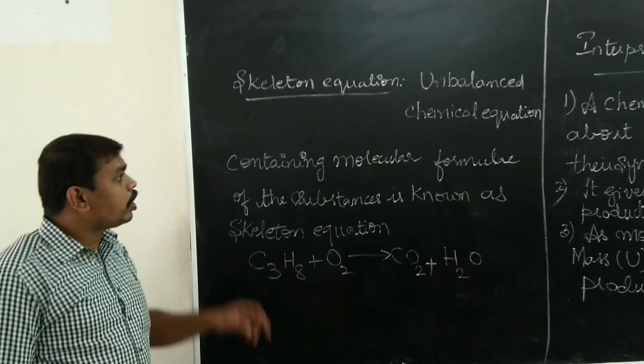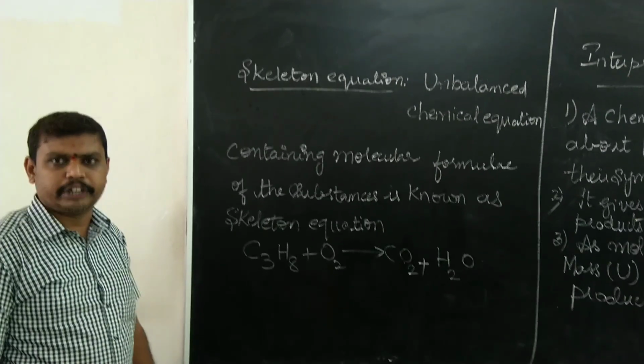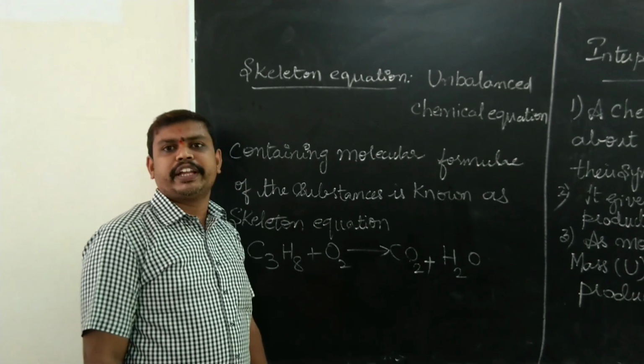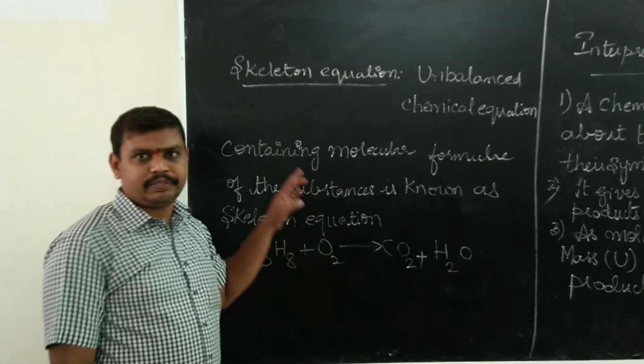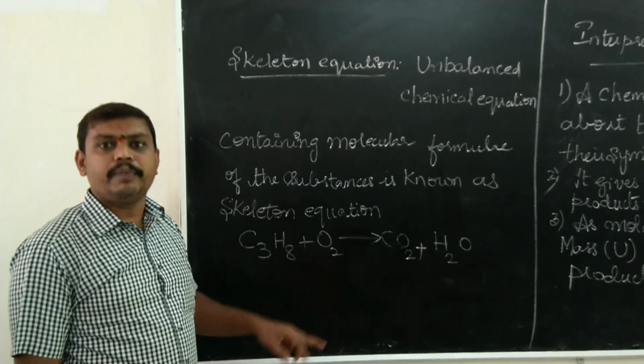What is meant by a balanced chemical equation? Yesterday we learned about it. It is the process of making the different types of atoms equal on both sides of the equation. An equation contains both the reactants as well as the products.